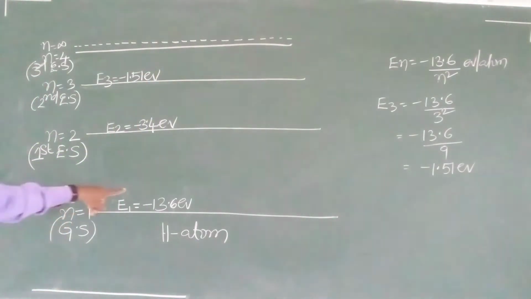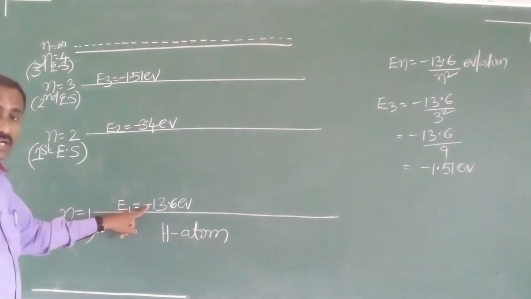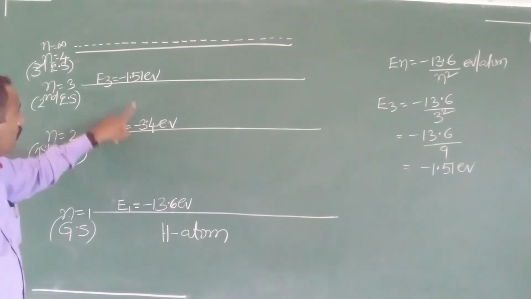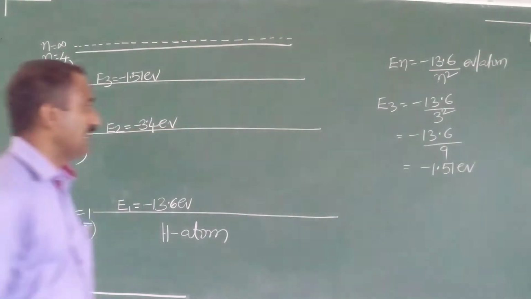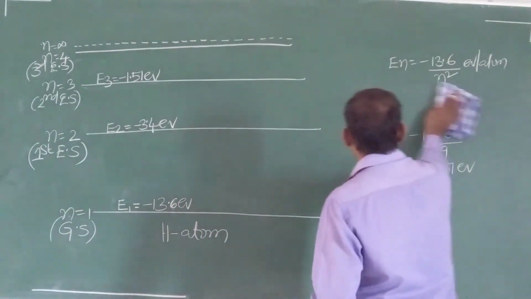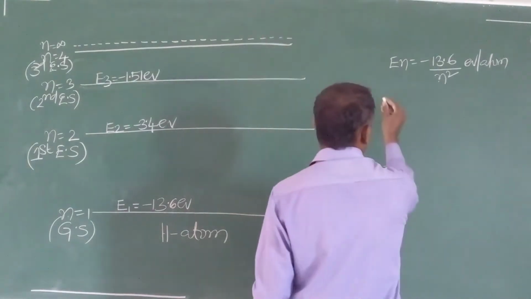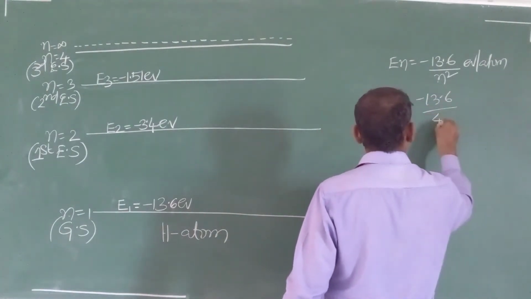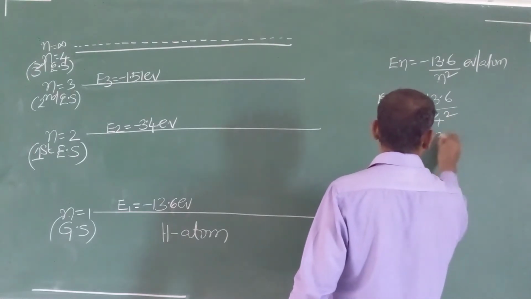First orbit minus 13.6. Energy is always on the negative side. Negative side means energy is less, stability is more. Minus 3.4, minus 1.51 electron volts. Similarly, fourth orbit energy E4 equals minus 13.6 by 4 square. 4 square is nothing but 16.